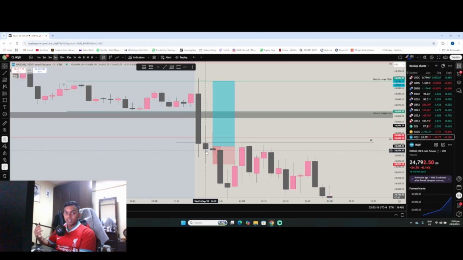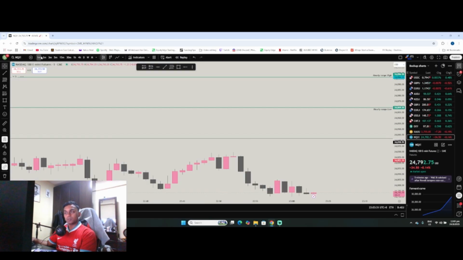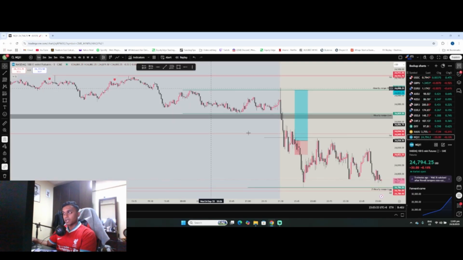The next typical indicator is when the price doesn't close above the closing of the previous candle. That's what made me think about it, and I was like, nah, I'm not taking the trade.